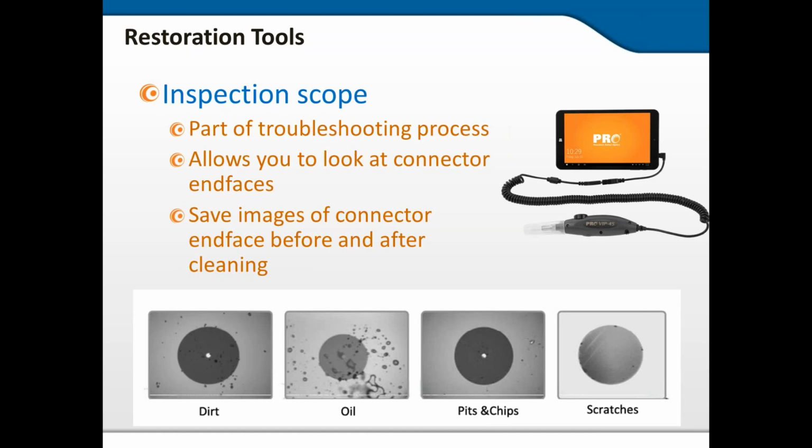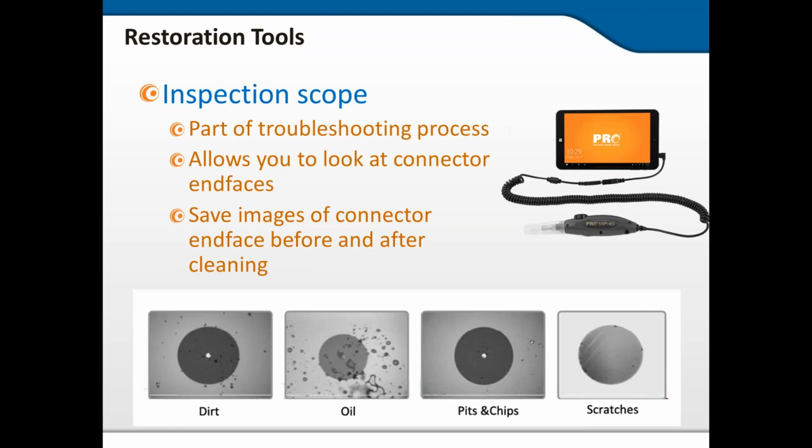If something gets bumped around, or someone is moving connectors around in the back of a panel because they're doing some splicing on another set of fibers, they may move that connector just enough to get some oil or other particles or chips to start to affect the transmission there. That's something else we have to be able to look for and identify in some of these situations.